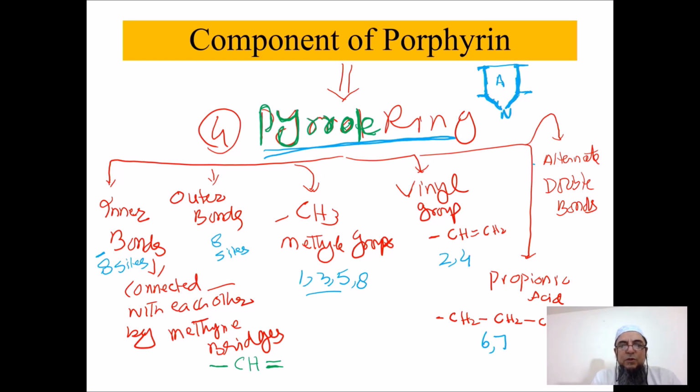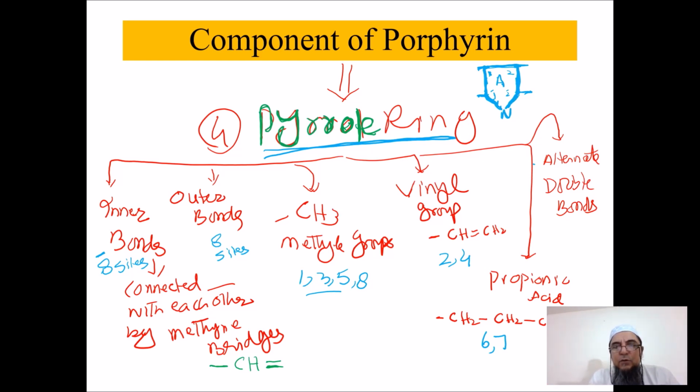Because they are four in number, the inner ones are 8, and we count them as 1 prime and 2 prime, whereas outer ones are numbered as 1 and 2 directly. So you need to keep this in your mind.